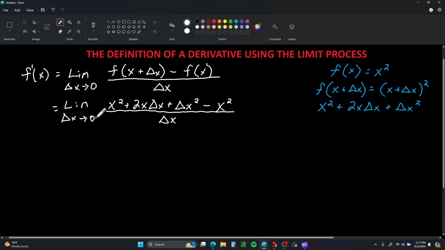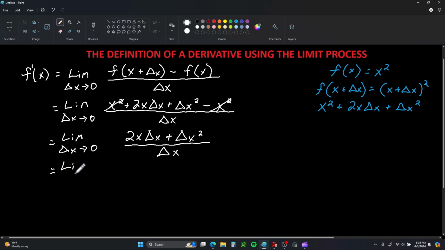I still can't substitute 0 in for delta x. I need to simplify this first. So limit as delta x approaches 0. Now x squared minus x squared, they add up to 0. And then what I have is 2x delta x plus delta x squared over delta x. I can factor out a delta x from both of the terms in the numerator.